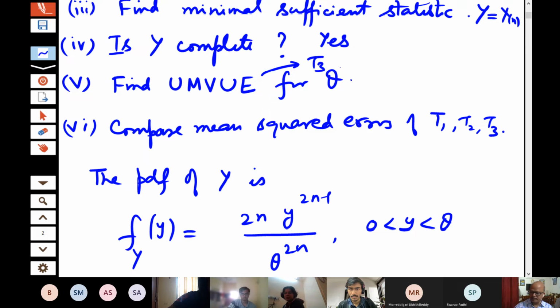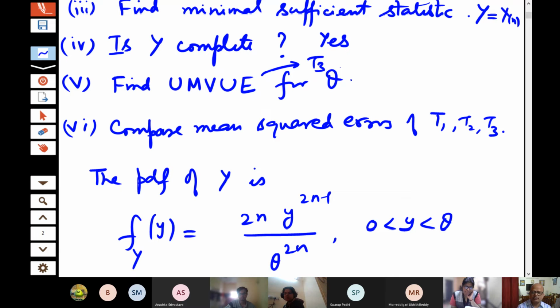Once you have a complete sufficient statistic, you should be able to derive the UMVUE by looking at a function of the complete sufficient statistic whose expectation is equal to theta.